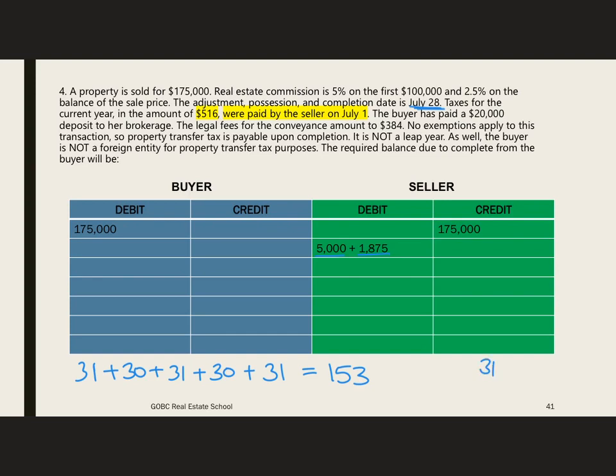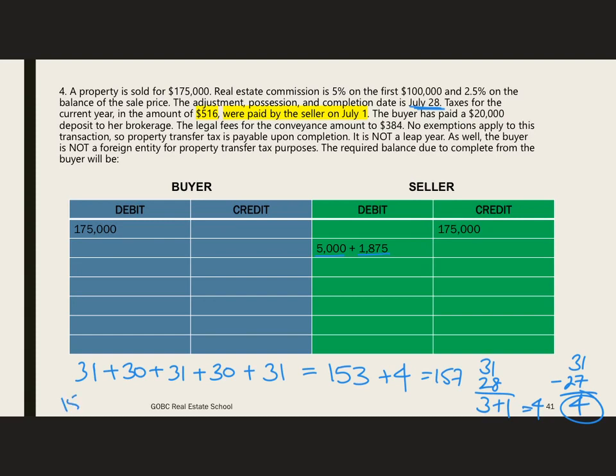So again, you can do that in a couple different ways. You can do 31 minus 28 is 3, but then we have to add the 28th on, which would be 4 days. Or if you're lazy like me and you know that you're doing the buyer's portion, you can just back up that adjustment day by 1 and then just get your 4. So it would be 153 plus 4 is 157 days.